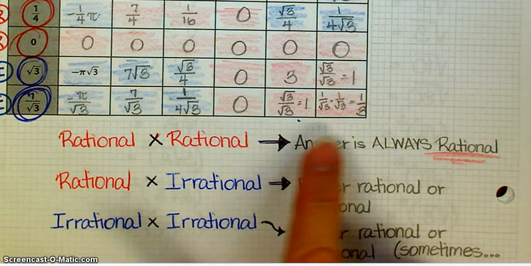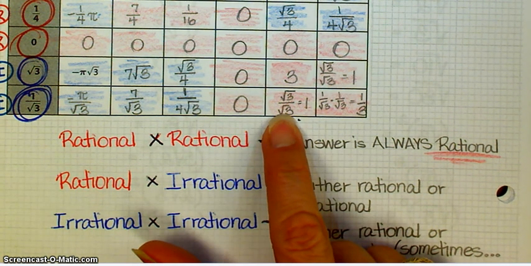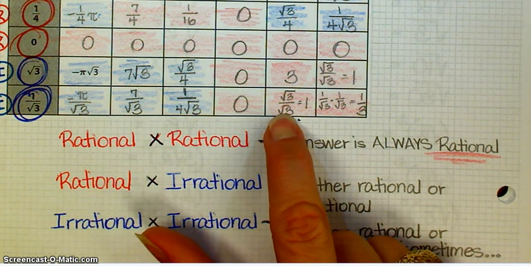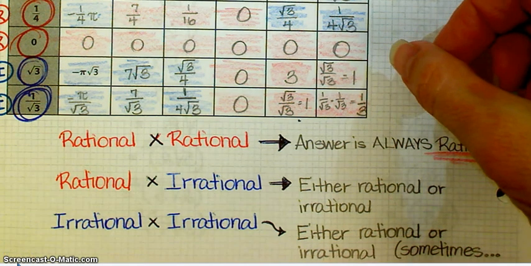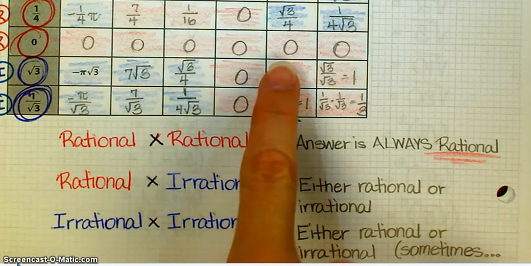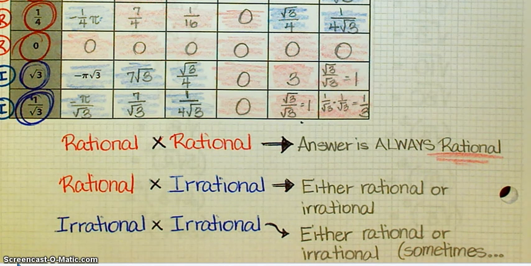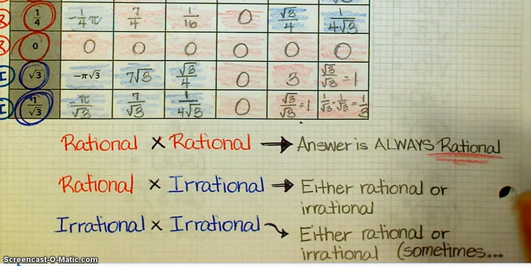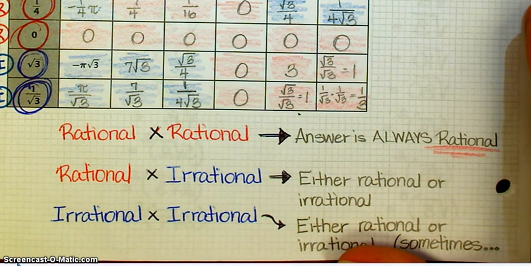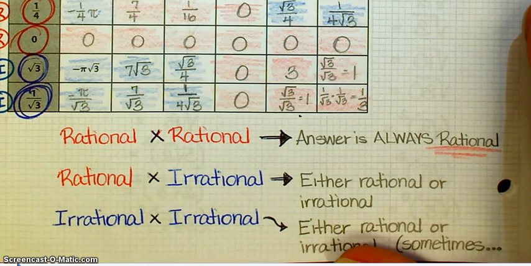Sorry, that's 2 irrationals, and that's a rational answer. Let me find one that's rational and irrational and gives you a rational answer. Rational is 0, and irrational is like square root of 3. 0 times square root of 3, that's 0, that's rational. Okay.